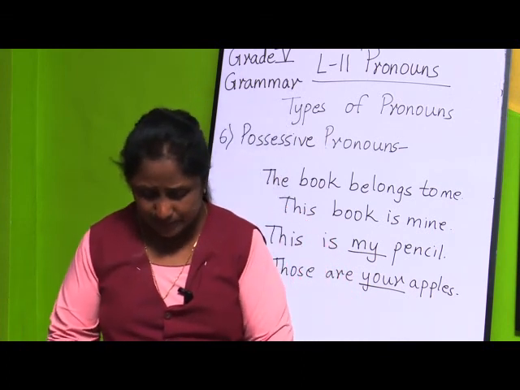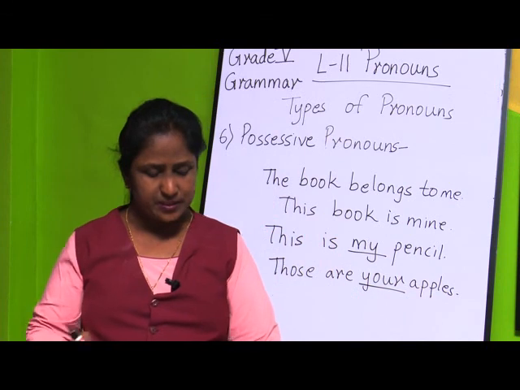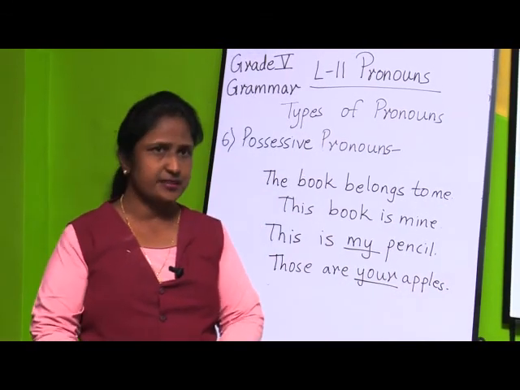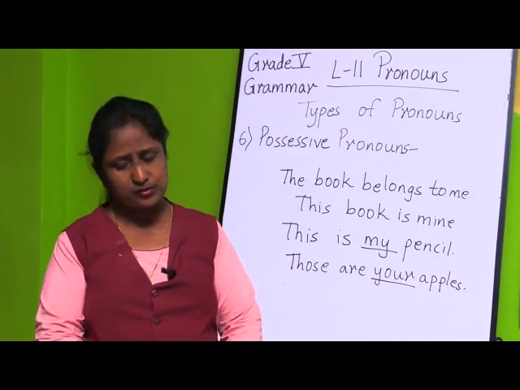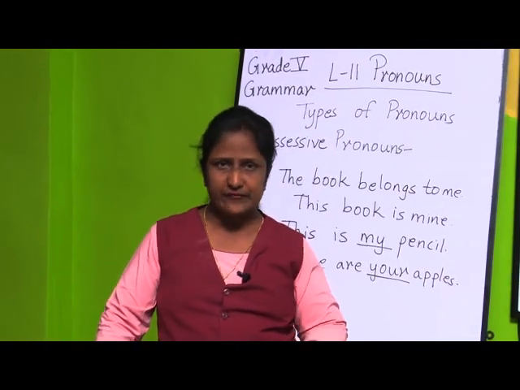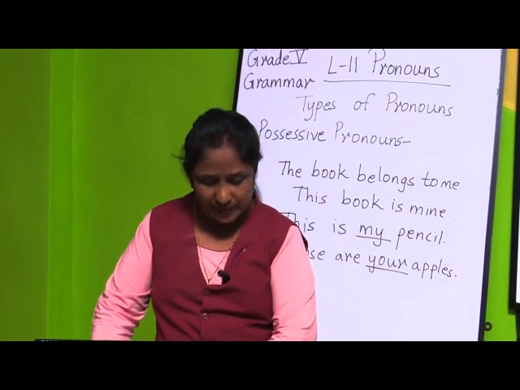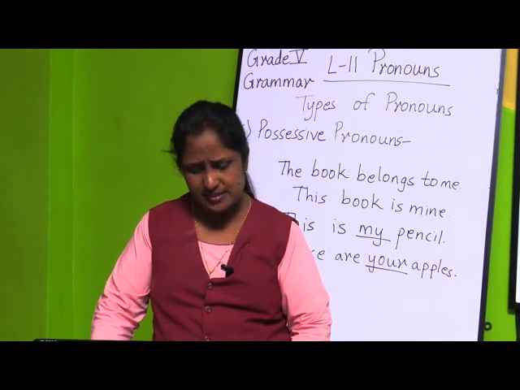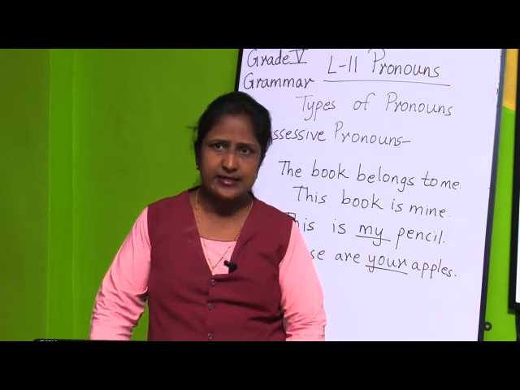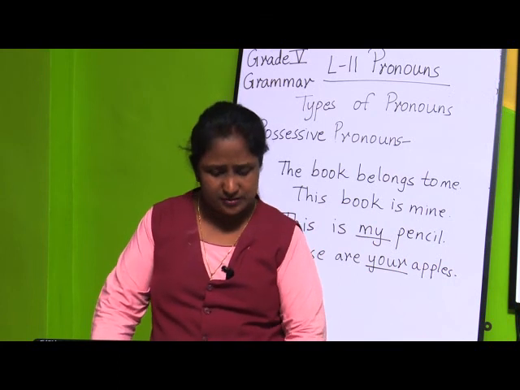So these are the 6 types of pronouns. First we have seen personal pronoun, second demonstrative pronoun, third interrogative, fourth reflexive, fifth emphatic, and last possessive pronoun. We will be going through all the exercises one by one and I will be sending you the answers. So what is the first one?